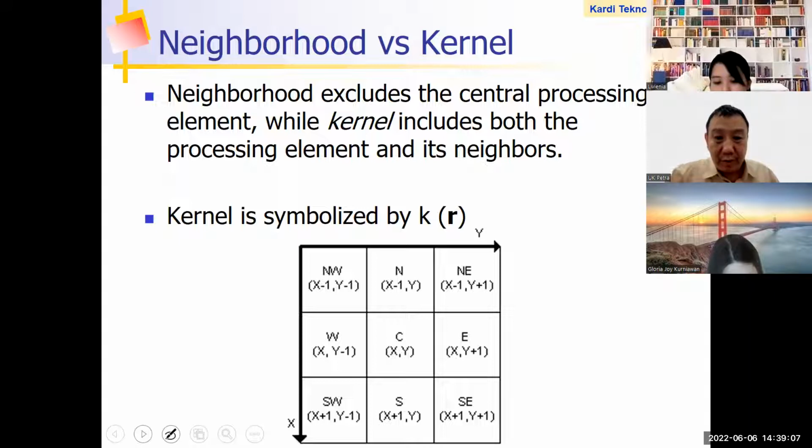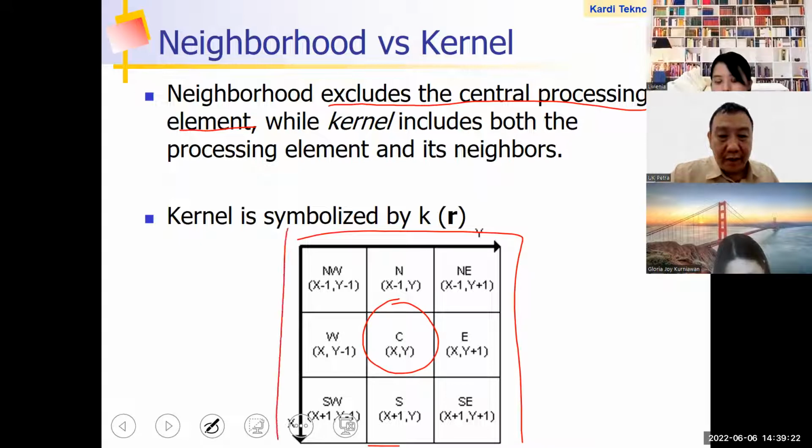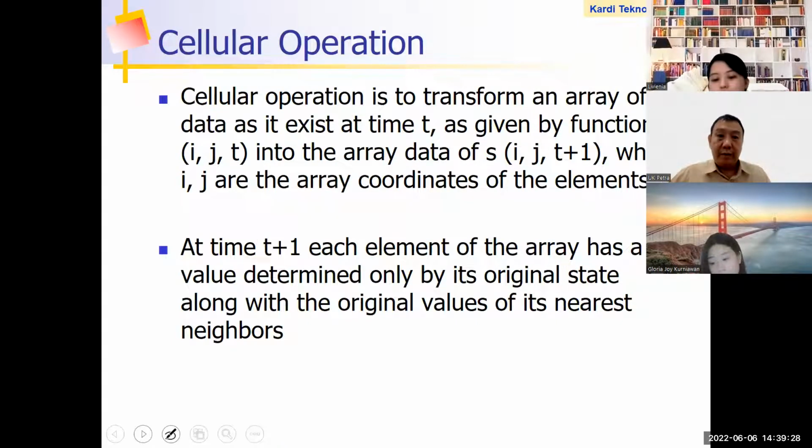So you have a center here. When we set neighborhood, of course, it will exclude the center. When we set the kernel, that is the whole thing, 9, 3 by 3.